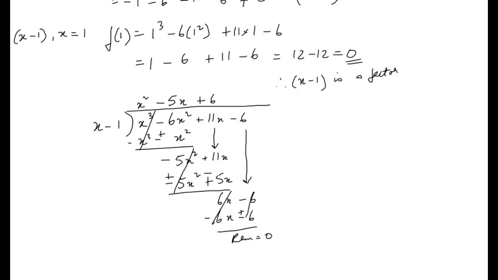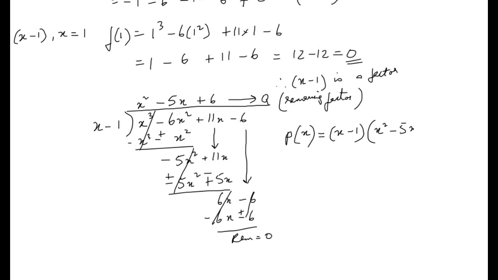This is the quotient and it's also the remaining factor. So now we can write p of x in terms of its factors as x minus 1 into x squared minus 5x minus 6.